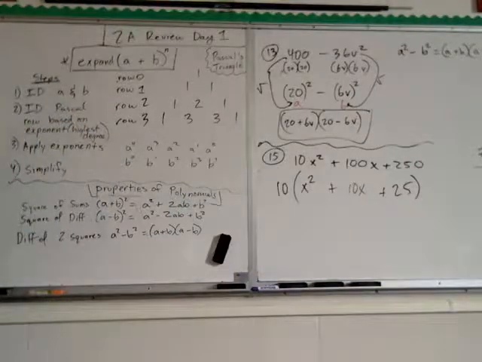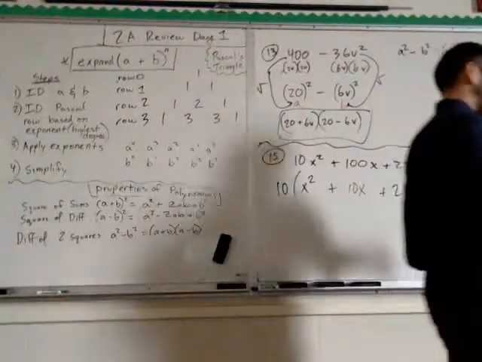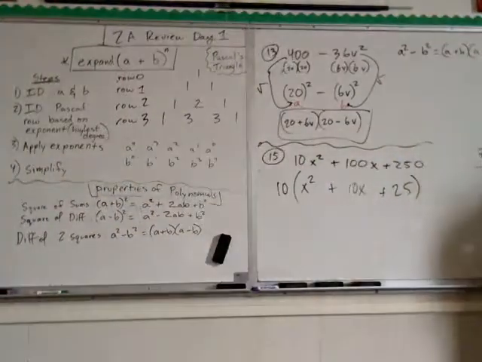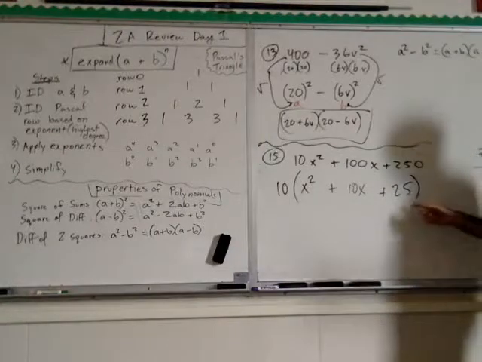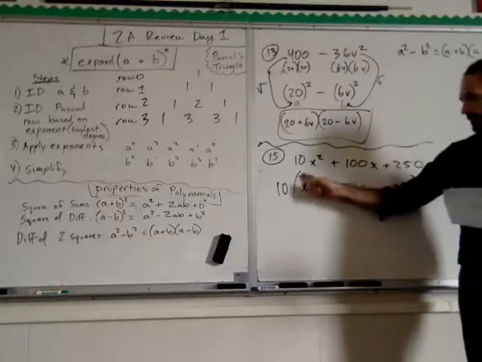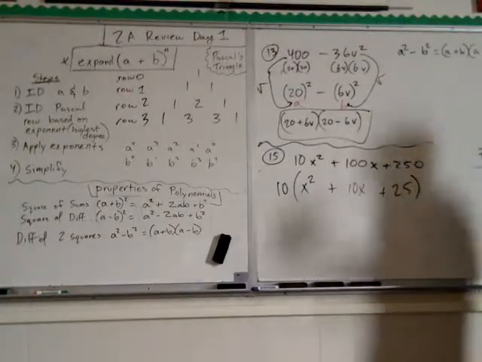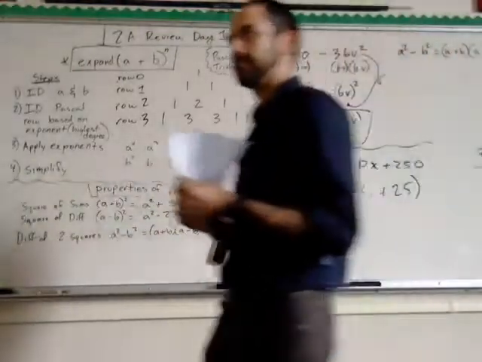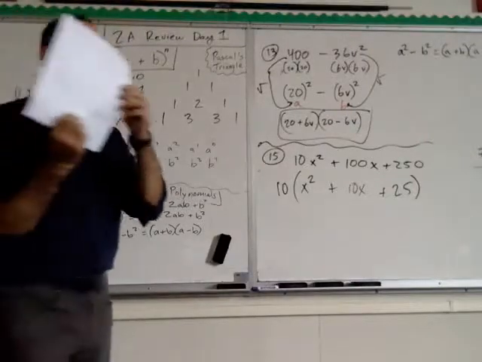So which one does this look like? What's the name of the identity that matches just what's inside the parentheses, just this trinomial here? What does that look like closest on the back? Square of sum. And it's the answer, right? It's the expanded form of that.